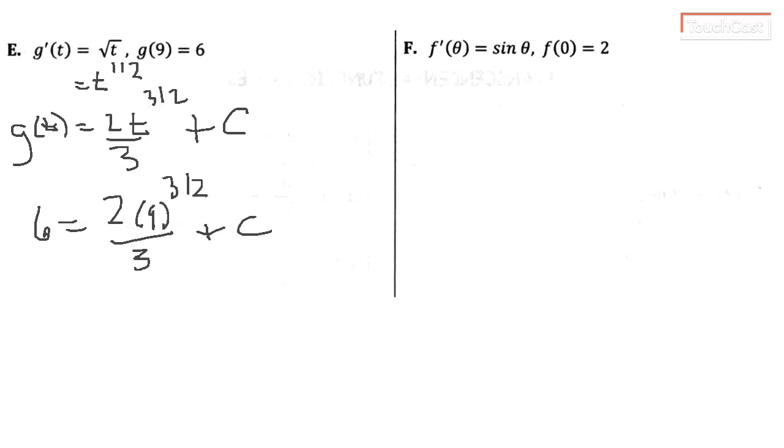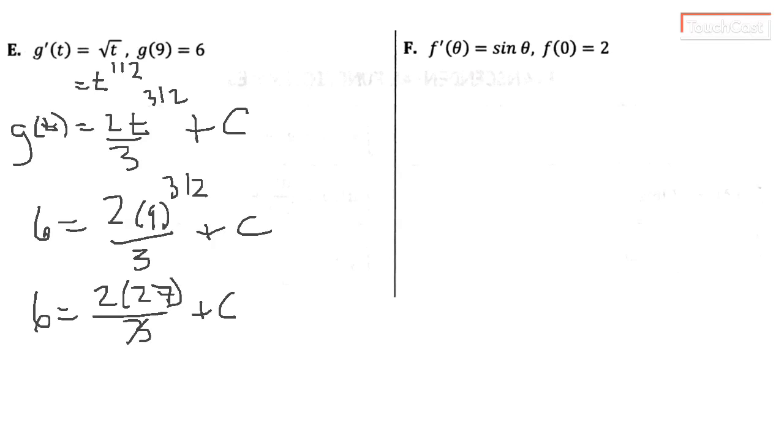Now 3 halves, that means we cube the square root of that number. So the square root of 9 is 3. If we cube that, we get 27. So we're going to have 6 equals 2 times 27 divided by 3 plus c.